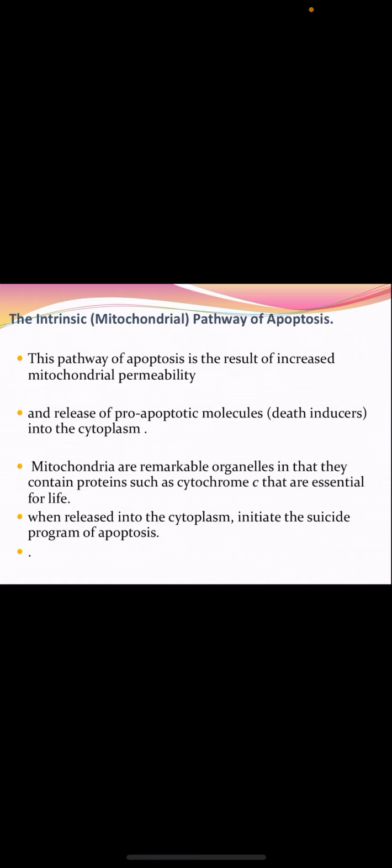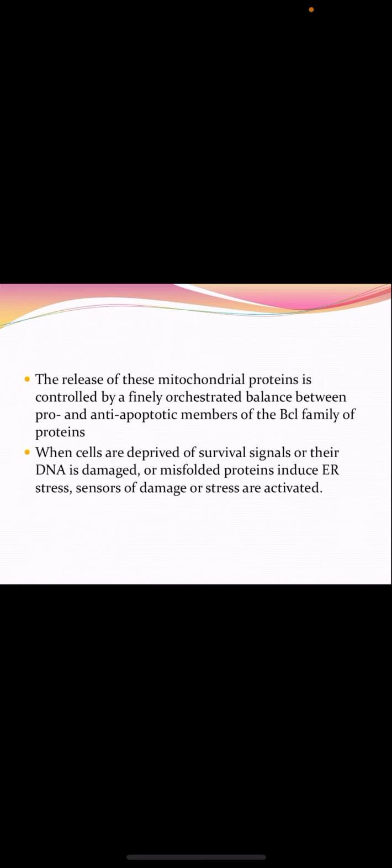Once the mitochondrial permeability is increased, pro-apoptotic molecules, or death inducers, will be released into the cytoplasm. The mitochondria are remarkable organelles in that they contain proteins such as cytochrome C that are essential for life. When released into the cytoplasm, it initiates the suicidal program of apoptosis.